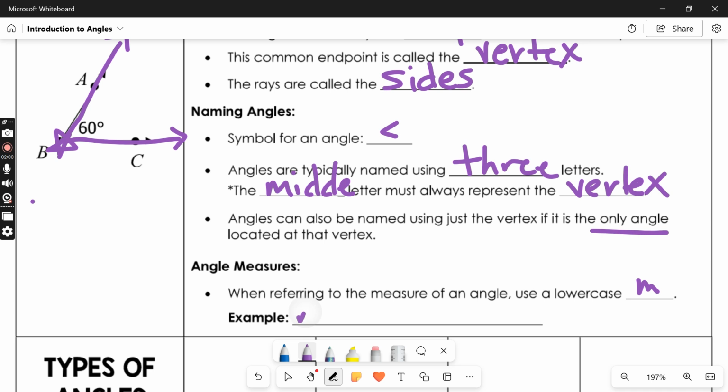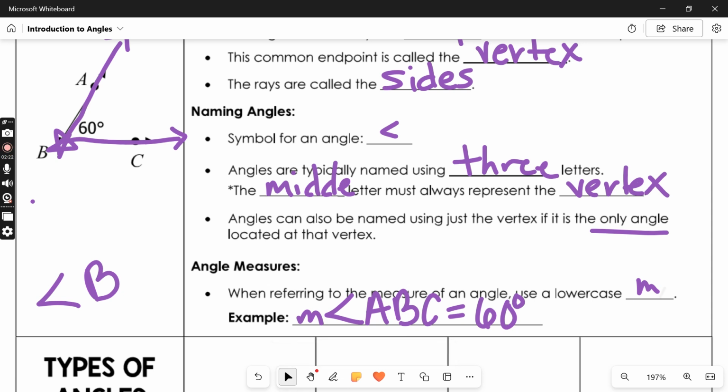For example, if I'm looking at this angle over here, I could say the measure of angle ABC is equal to 60 degrees. Since this is the only angle at this vertex, I could have also called it angle B. Notice those letters are capitalized, and it does make a difference.